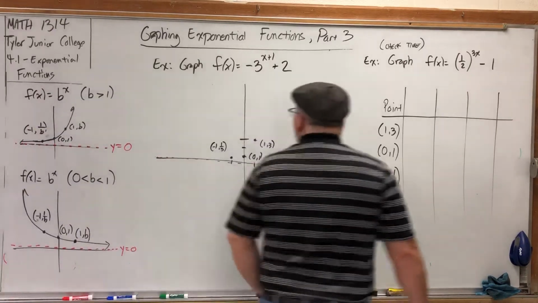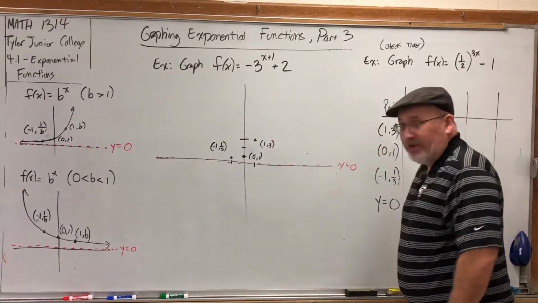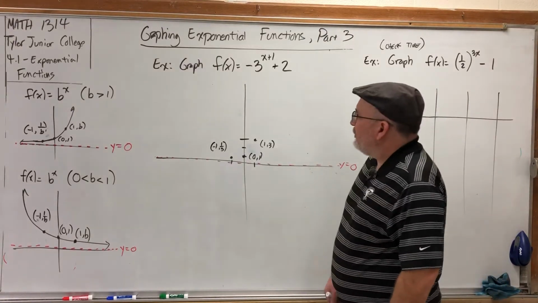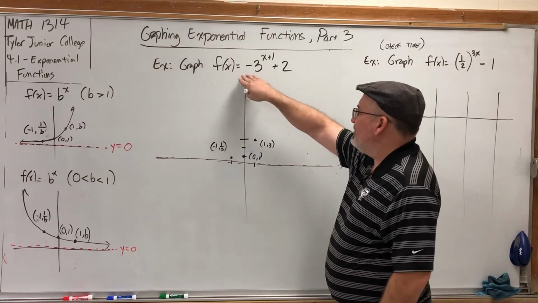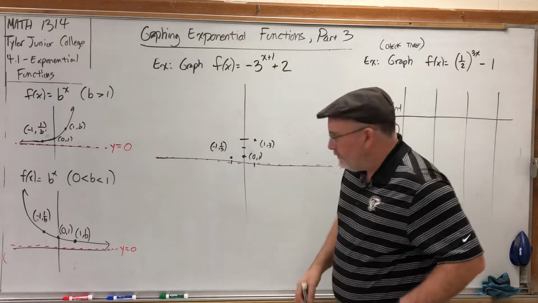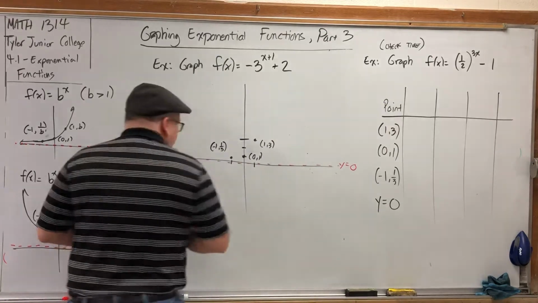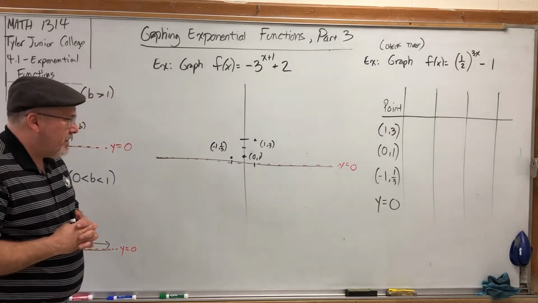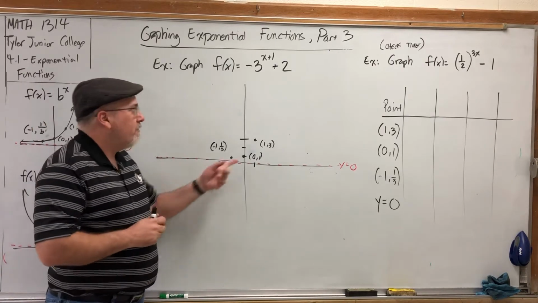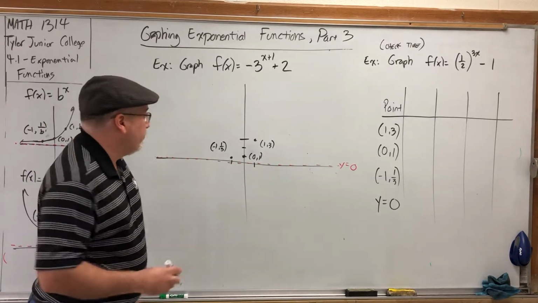And we're going to graph 2 functions using transformations that we learned back in section 2.5. For the first example, we'll graph f of x equals -3 to the x plus 1 power, and then plus 2 at the end. What I've got on the board so far are the base point, y-intercept, and reciprocal base point for y equals 3 to the x.